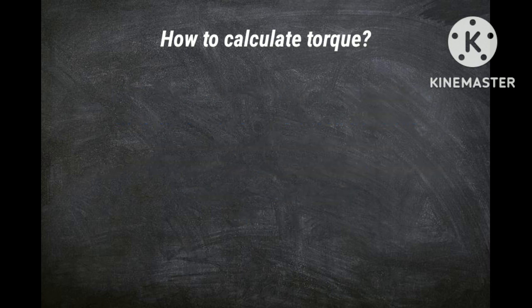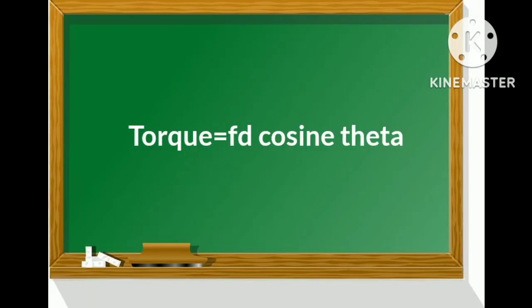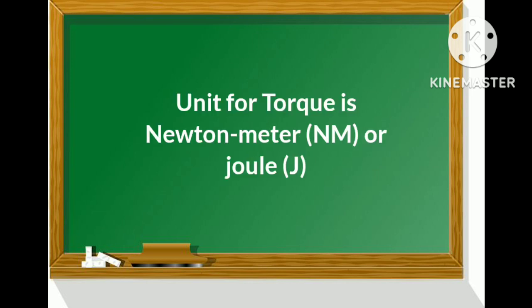So the formula for torque is equal to Fd cosine theta. The unit for torque is Newton meter or joule.